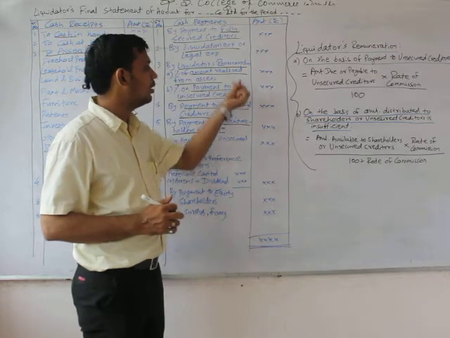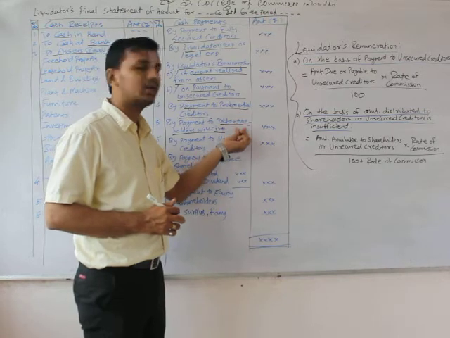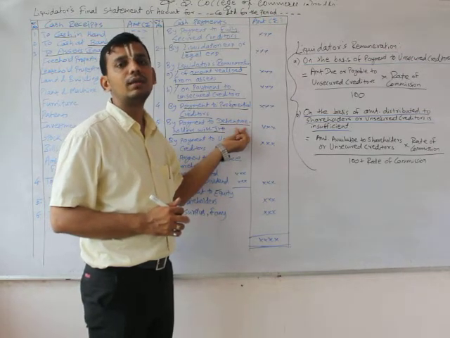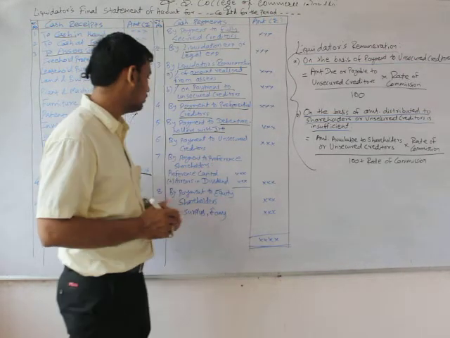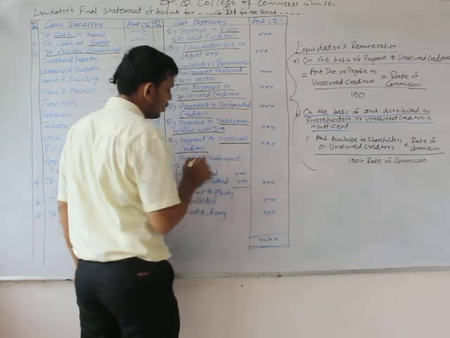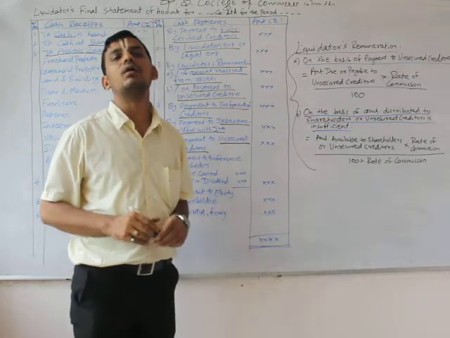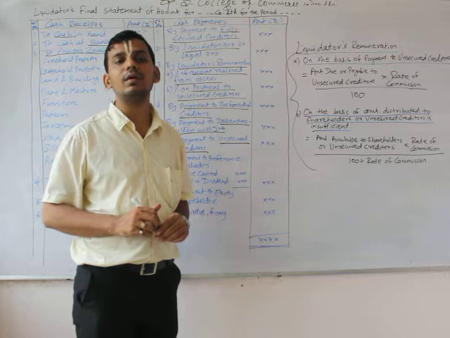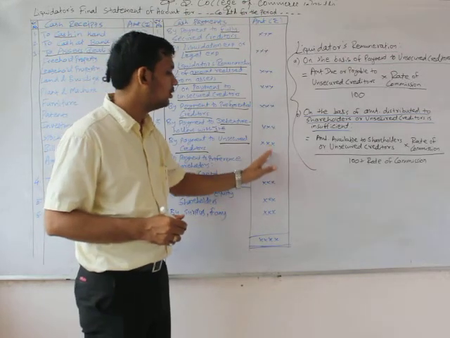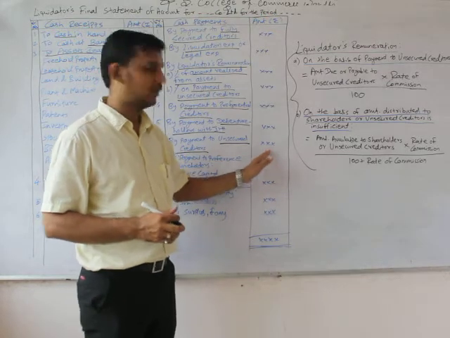This is possible if funds are available after paying the preferential creditors; then we go for the debenture holder, then their interest. Then lastly would be payment to unsecured creditors. The creditors who are not secured by any kind of assets of the company would be paid last in terms of payment to creditors.